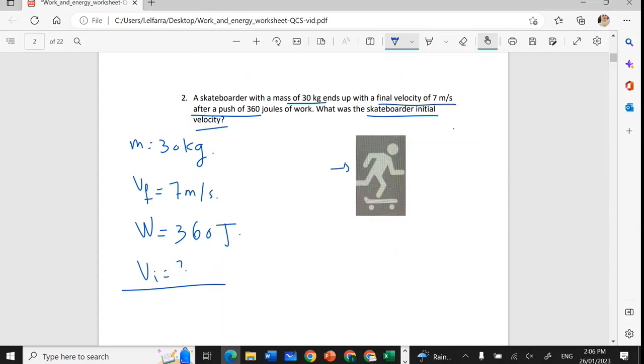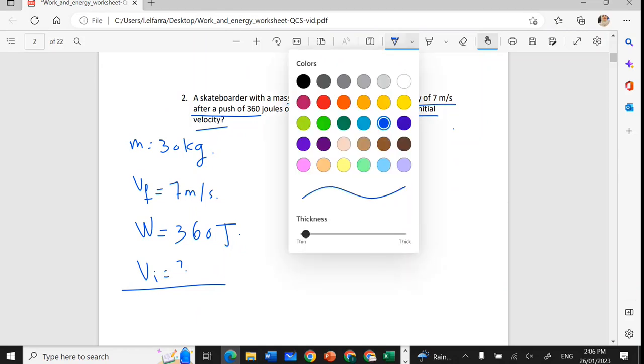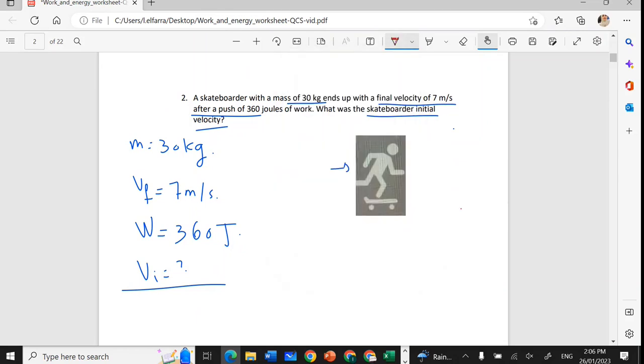So we have, again, a change in the velocity, and there is work. So we're going to use the work energy theorem, or as I said, conservation of energy, because it's the same. We can solve it with the same method. So work W equals change in kinetic energy, kinetic energy final minus kinetic energy initial.